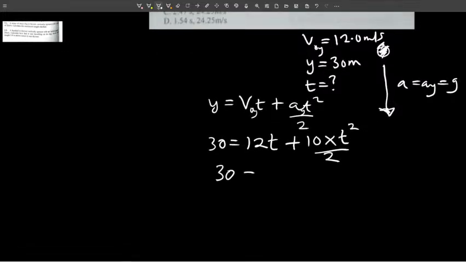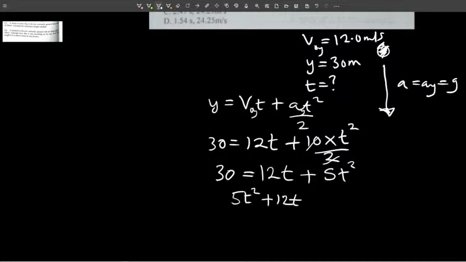So this will give me 30 equals 12t plus 5t square. Rearranging, that's 5t square plus 12t minus 30 equals 0. If you solve this quadratically, you can just use a calculator. We have 5, 12, and minus 30.